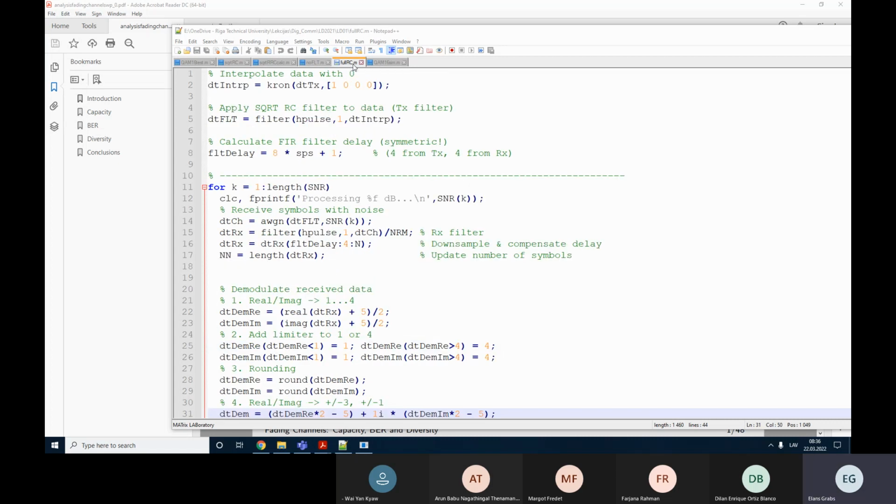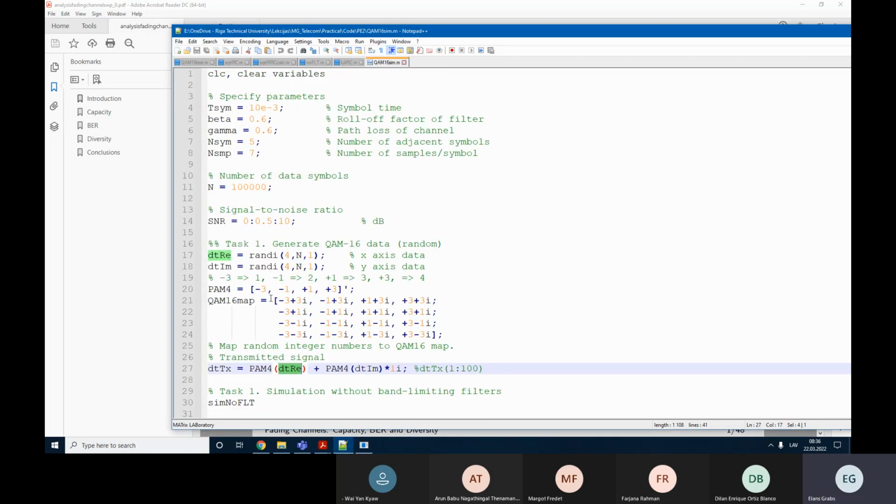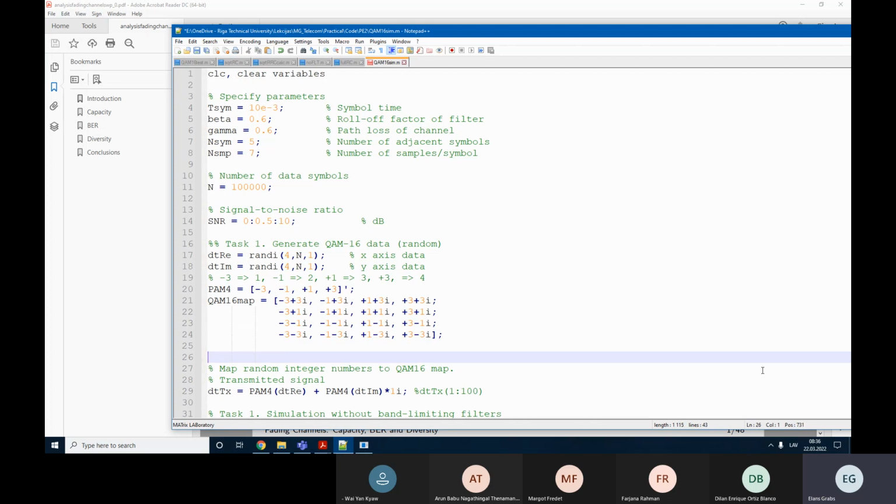It might be easier to make this map also in gray code. So basically, similarly like this, we are going to specify a matrix with all the gray code combinations. Let me actually start it here. So QAM16 gray is going to be something like this.